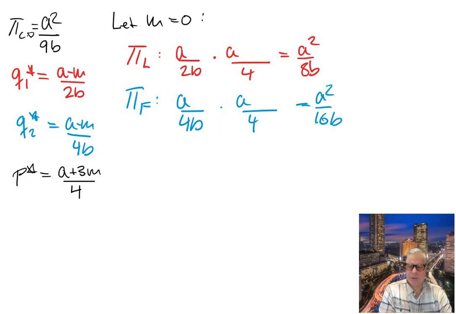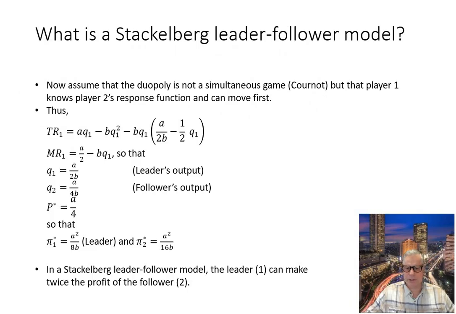And accordingly, the price is also lower in a Stackelberg leader model than in a Cournot duopoly. And the leader makes more profit, the follower makes less. So that somehow summarizes a little bit what happens here.